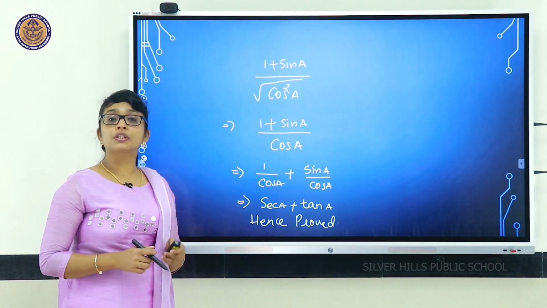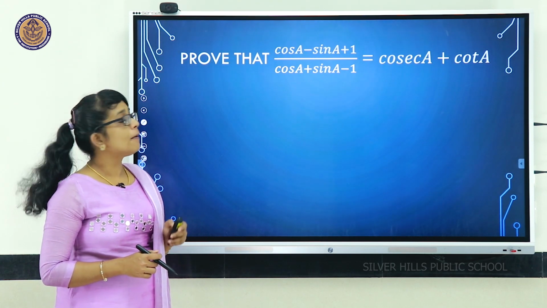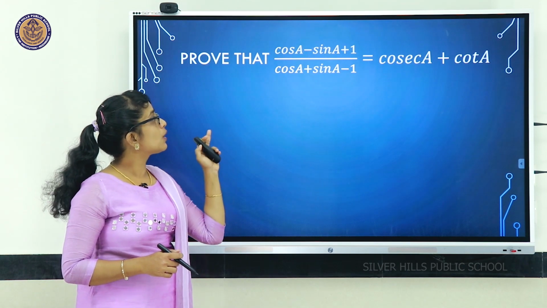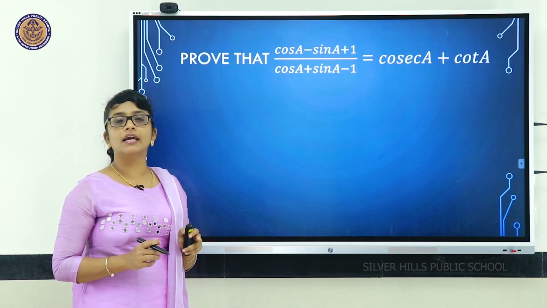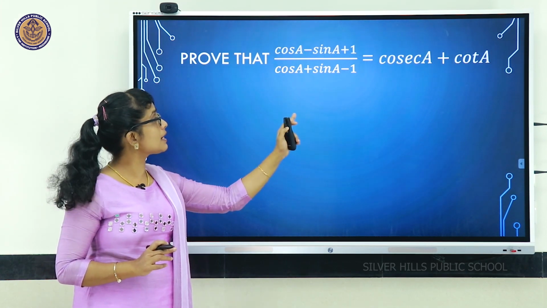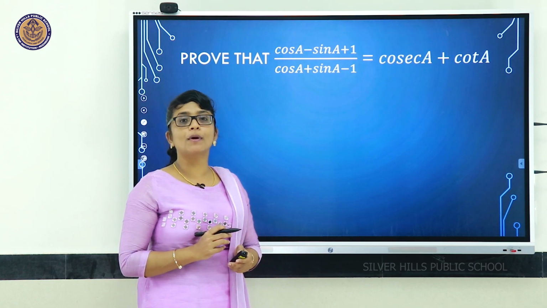Okay, let's move to the third example. Prove that cos A minus sin A plus 1 by cos A plus sin A minus 1 equals cosec A plus cot A. Very important problem.